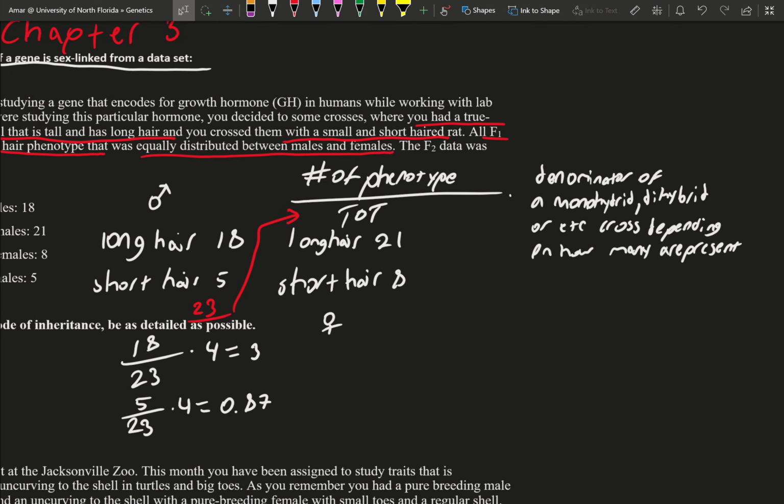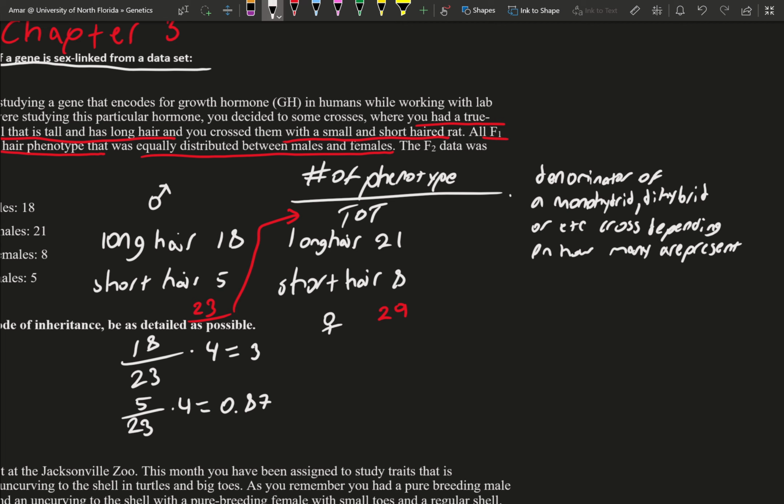But since we just have a very small data set here, we're most of the time not going to get a really accurate ratio, or even just a proportion in general. The total between the females is 29.